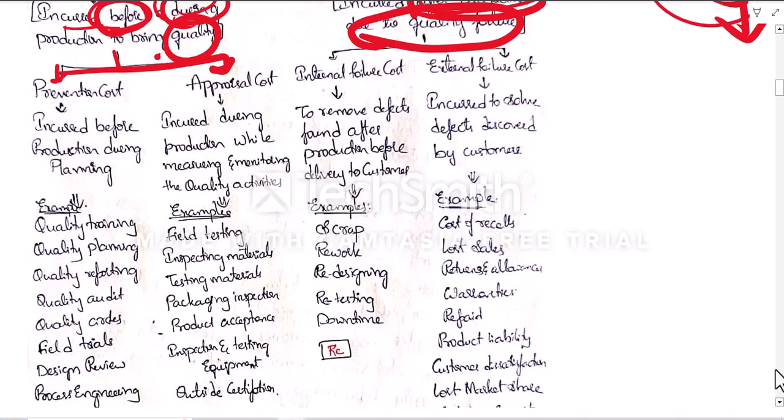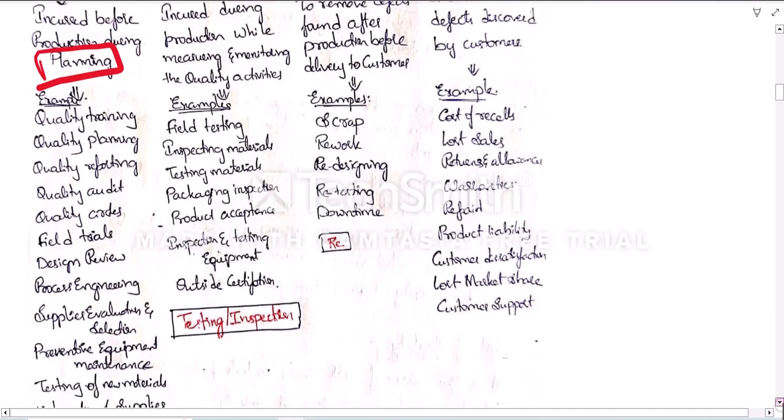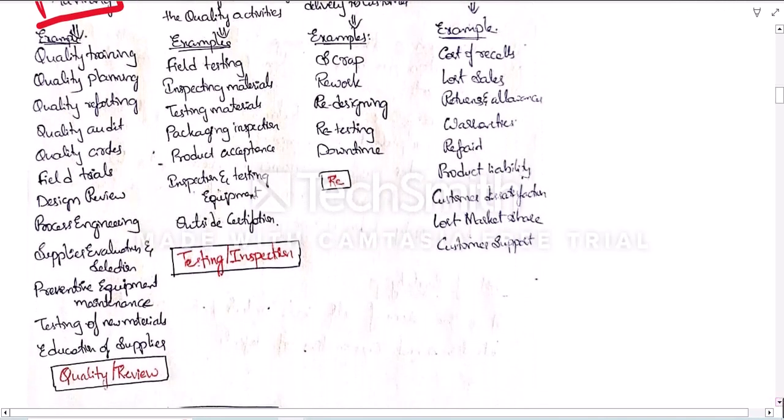Before incurring any expenditure, before going to the production stage, in the planning we will take some decisions and incur some cost just to bring out the quality. It may be employee training or having the best infrastructure, anything. So following are the examples. We have to read these examples because they might be asked in a few questions to bifurcate the costs.